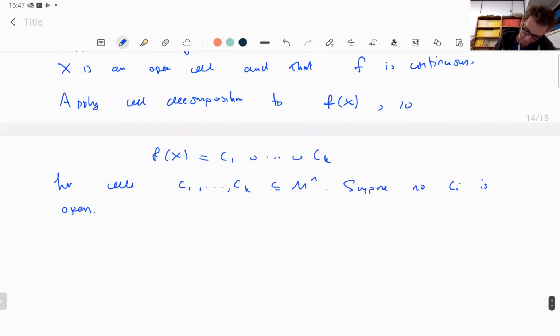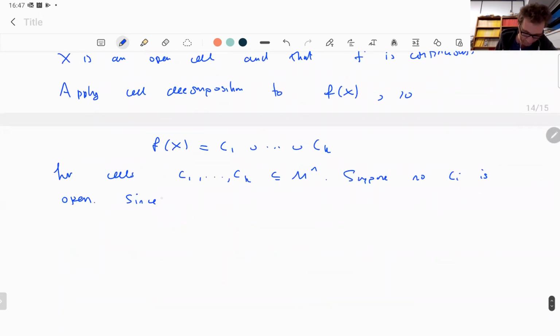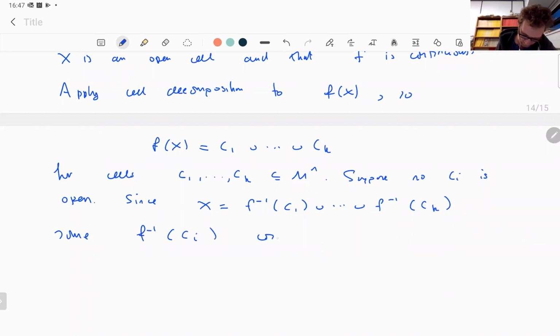Okay, so then since X is the union of the pre-images, and X is open, one of these pre-images contains an open cell C contained in M to the n.